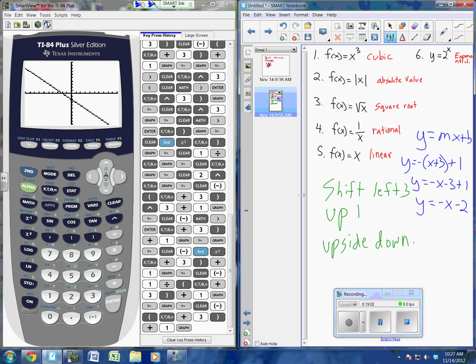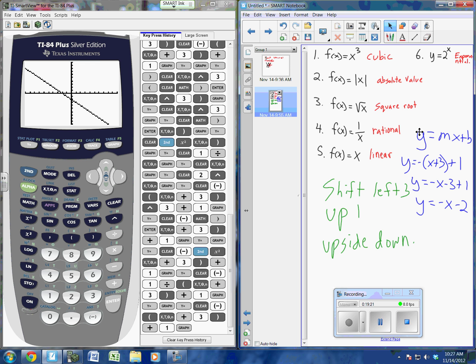That y equals negative x minus 2 is the same thing as what I put into my calculator. I want to show you that slope-intercept form. Usually, if you ever see a graph like this, it's easier to do it in slope-intercept form. But if you're given something like I gave you right here, it's easier to do the shifts the way I taught you.